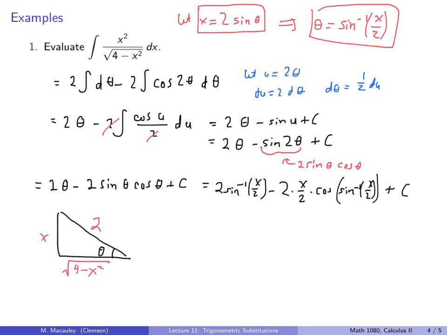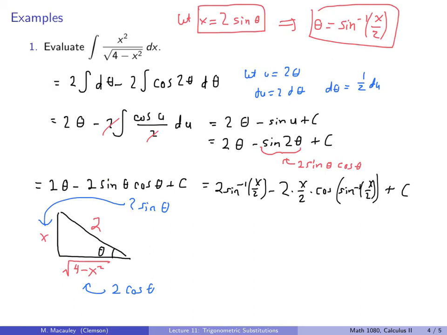Now things should be coming together. So this here is 2 sine of theta, whereas this term is 2 cosine of theta.